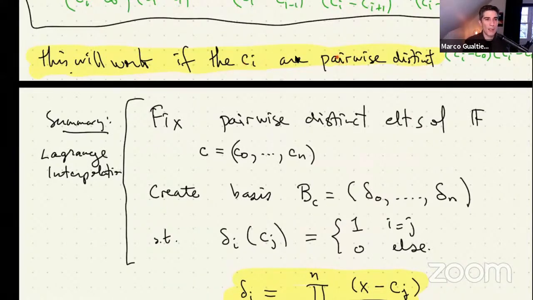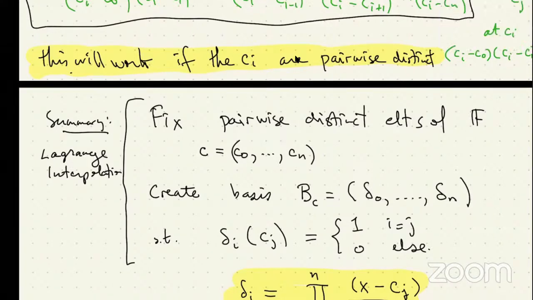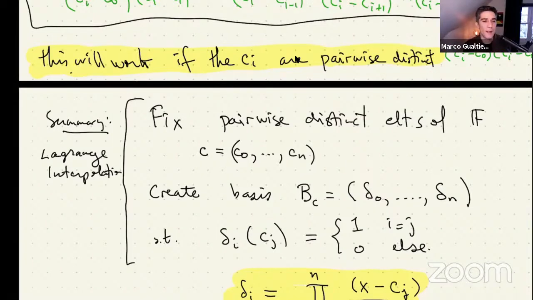I'm explaining the procedure for a situation where you are given data at different times or different values of the parameter. I'm not sure what kind of data you are thinking of, but the ci's must be distinct in order for this to work.